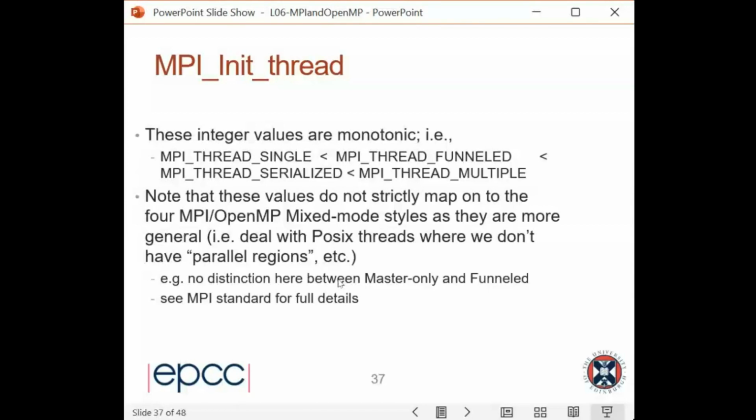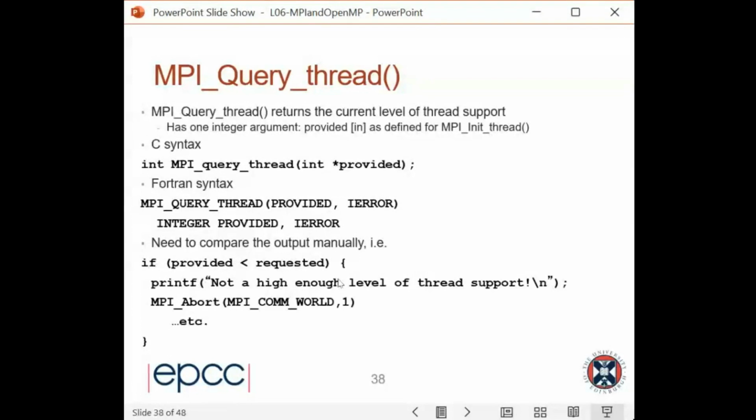So you could check if provided is not equal to requested, or if provided is less than requested, then there's an issue. MPI_Query_thread returns the current level of thread support, but it's also what you got from MPI. So when you do MPI_Init_thread, you should check if provided is less than requested, meaning not a high enough level of thread support.